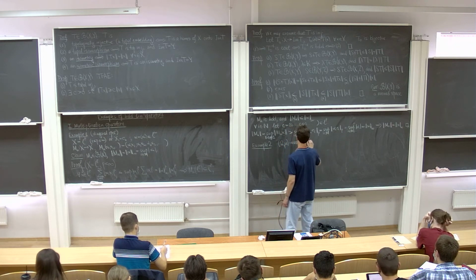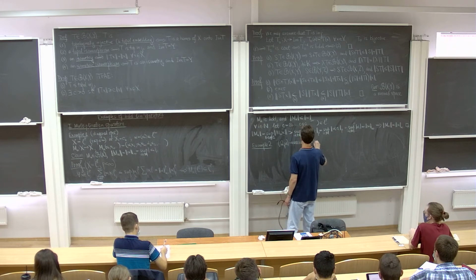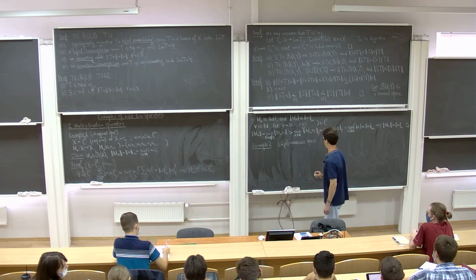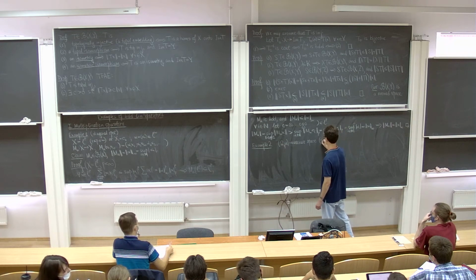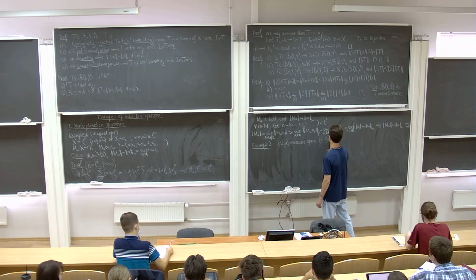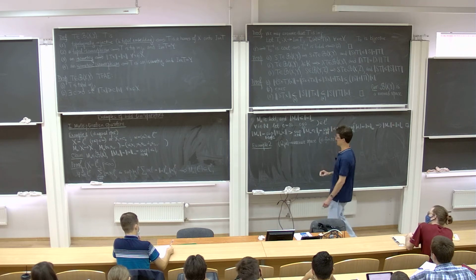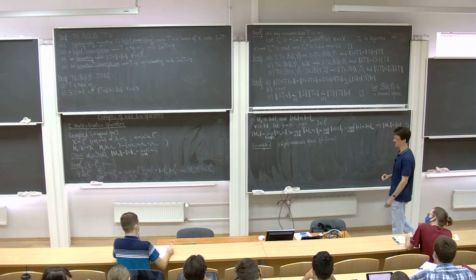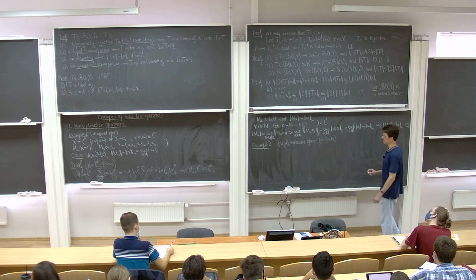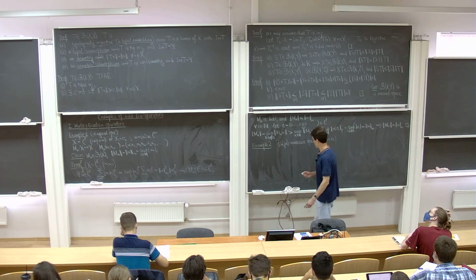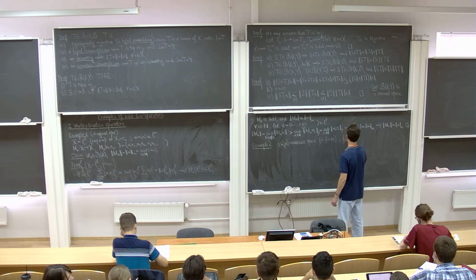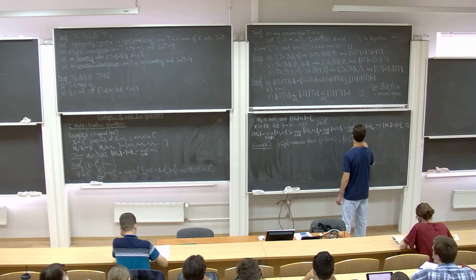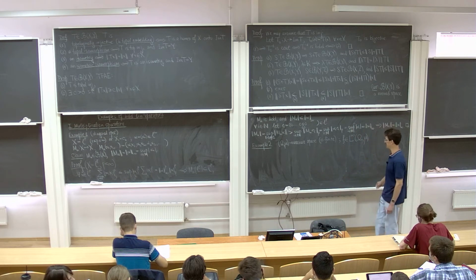To avoid pathologies, let's assume that it is sigma-finite, which means that Omega can be written as a countable union of sets of finite measure. And suppose that f is an essentially bounded measurable function on Omega, that is, an element of the big L infinity space.